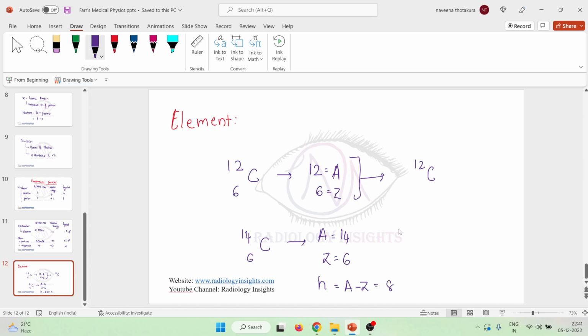In C12, the neutrons are equal to 6. So this is stable because there are 6 neutrons and 6 protons. But in C14, neutrons are more than protons. Because neutrons are more than protons, this is unstable and radioactive.